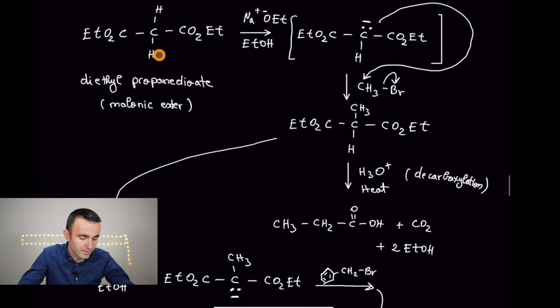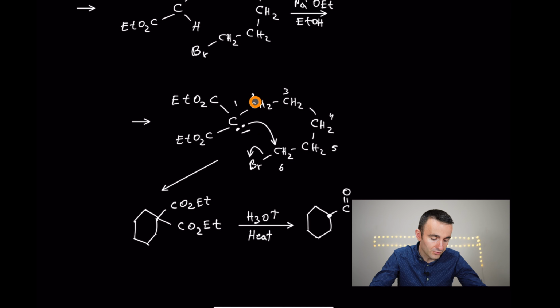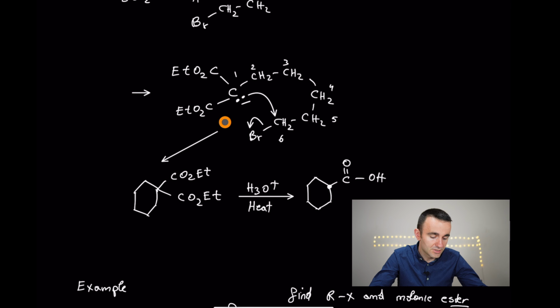First you're going to connect on one side, and in a second stage you remove the next hydrogen and treat that with sodium ethoxide and ethanol. You remove the second hydrogen, and this is going to react now on the other side of the alkyl chain to remove this other bromine, and at the end you're going to form a 1, 2, 3, 4, 5, 6 member ring. So you have a 6-membered ring here, and after that you do H3O+ with heat to form the carboxylic acid.